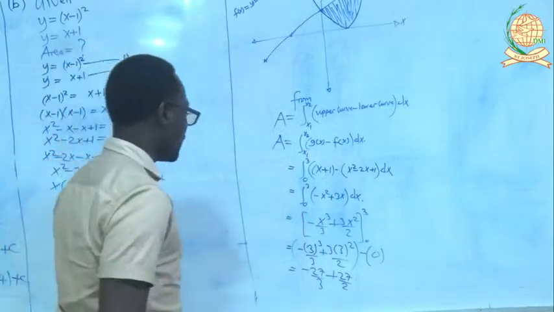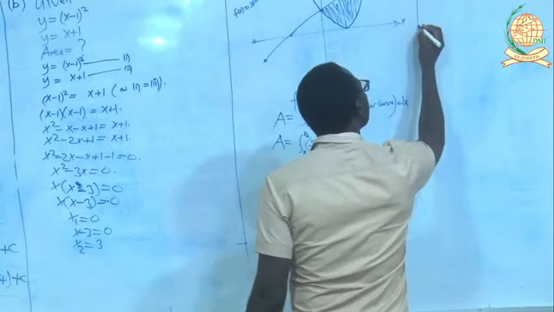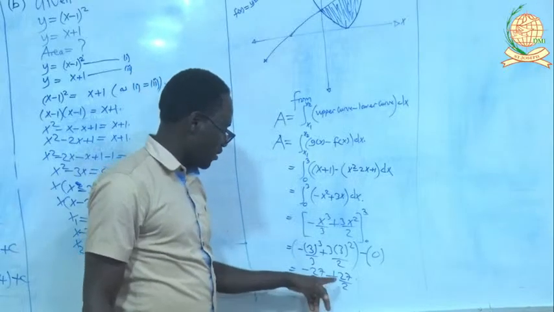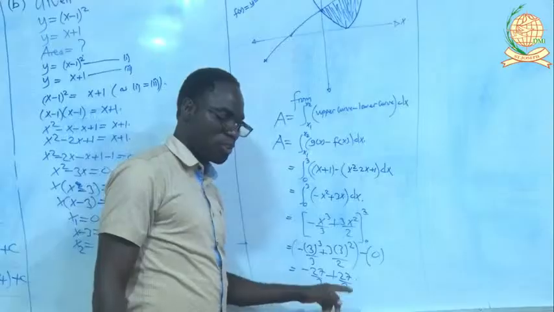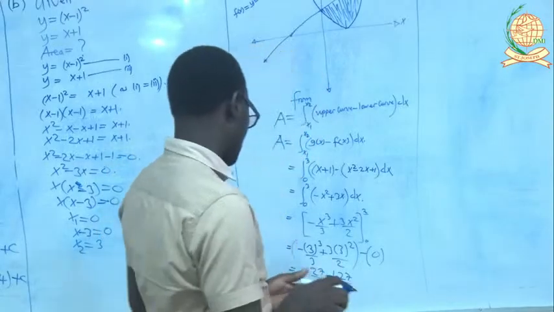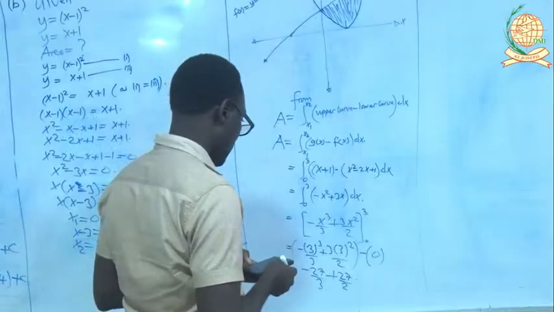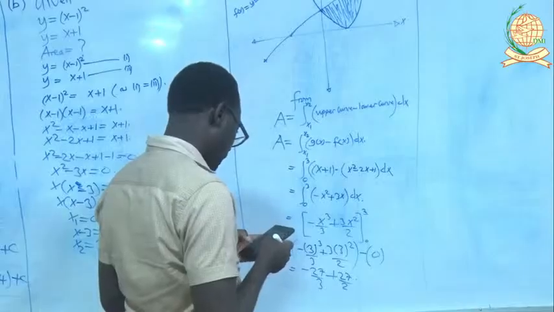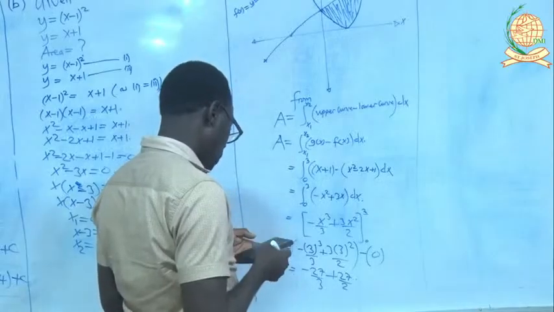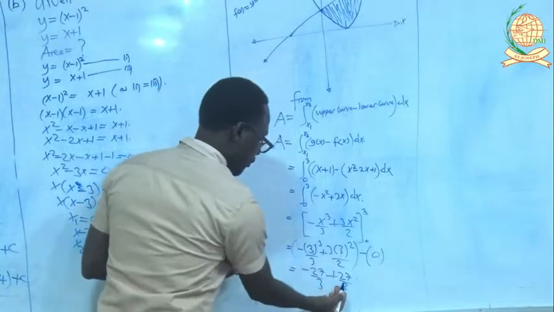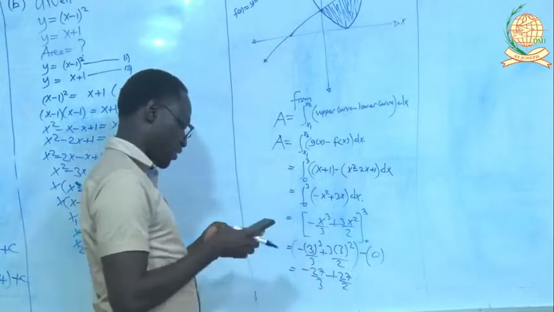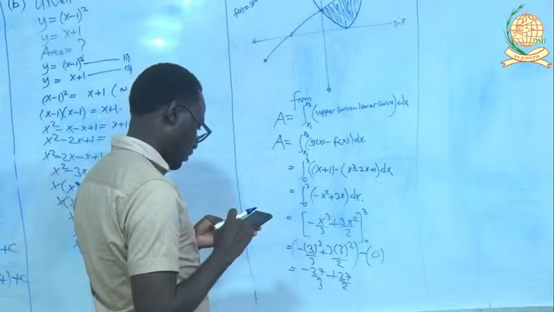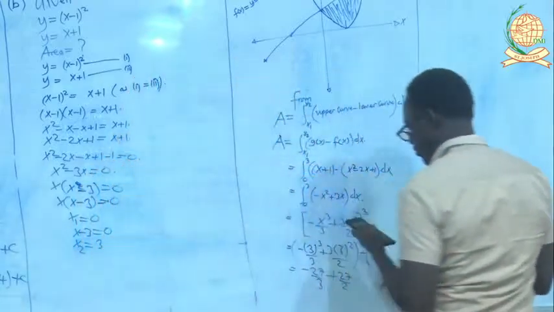Okay, then simplify that one, find the LCM, or you can use your calculator. Negative 27 over 3 plus 27 over 2. By using the calculator, you can get this answer. Take 27 over 2, which is positive, then minus 27 over 3.